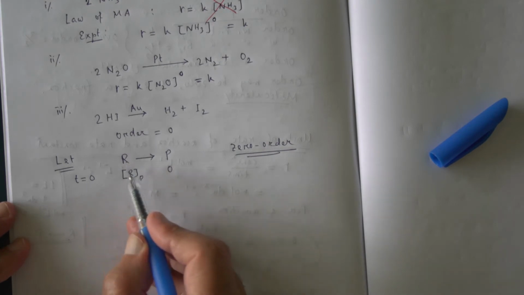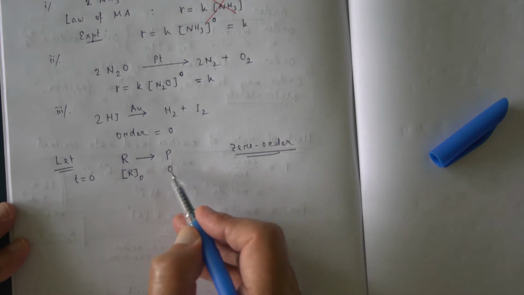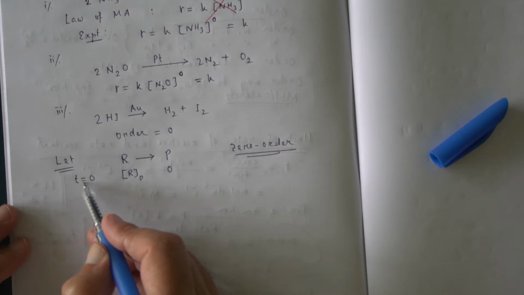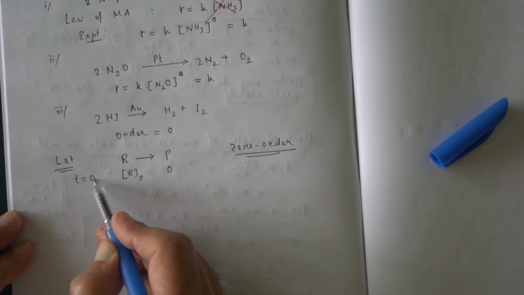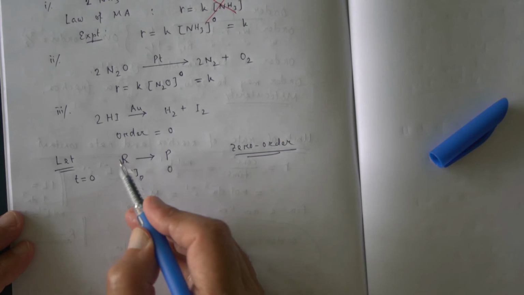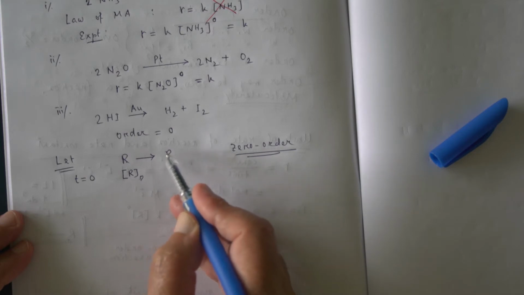Initially concentration of reactant is maximum, concentration of product is zero. What is the initial stage of the reaction? আৰম্ভণি অৱস্থা মানে reaction just start হৈছে, product form হোৱা নাই.